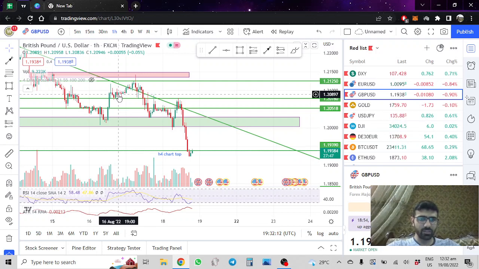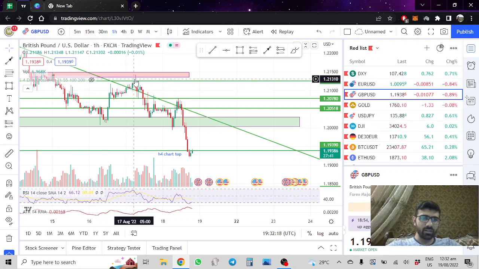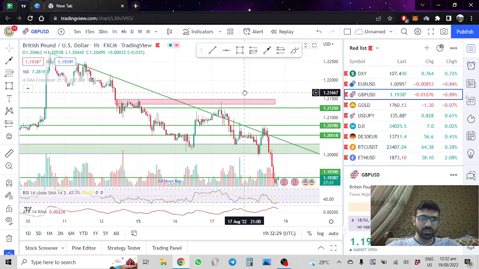This was the last time that we were making the video. So what happened? We marked this area as our area of interest, our area of resistance, and I gave you this beautiful area of resistance.